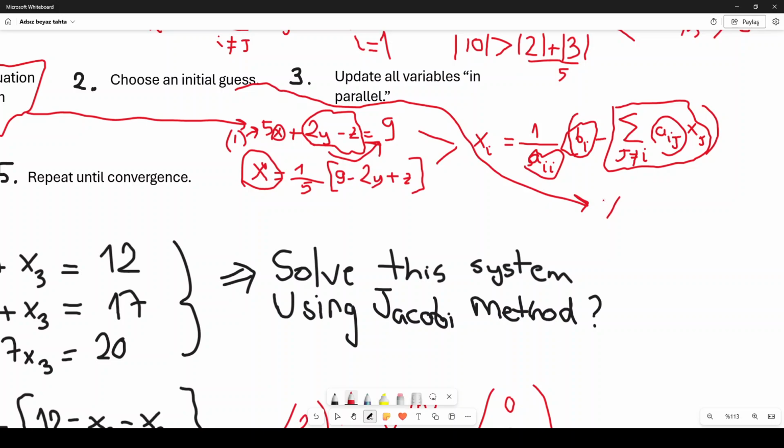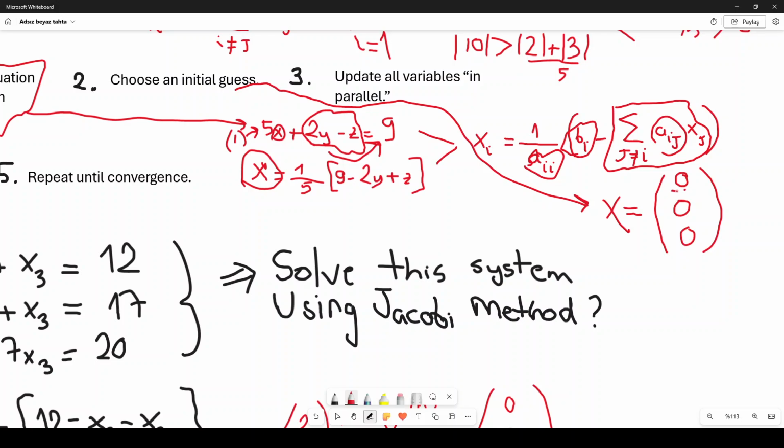Suppose we have 3 unknown variables and we are not given an initial guess, then we just simply take the value of each unknown variable equal to 0 and use this vector as our initial guess.